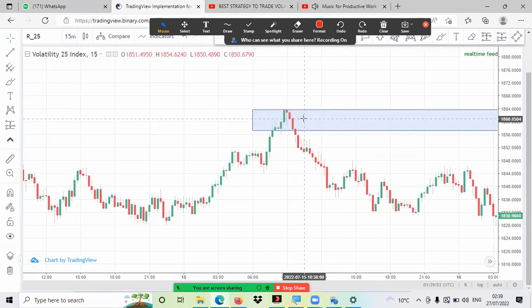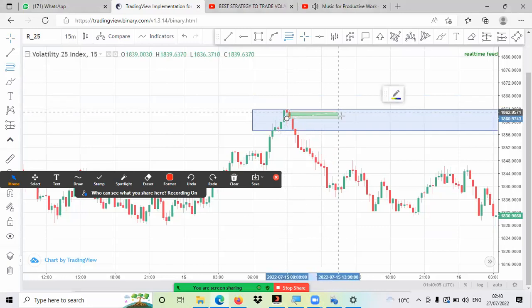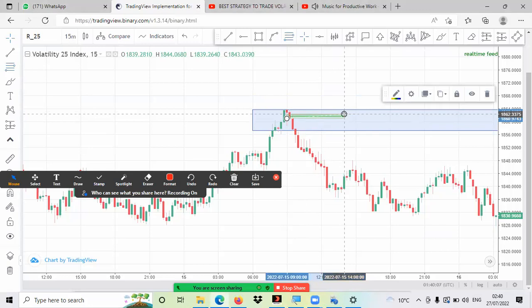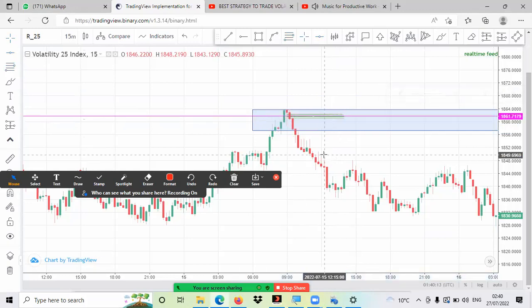We had this area on the 15 minutes. Actually, we'll be trading this base. We'll be trading this area on the 15.